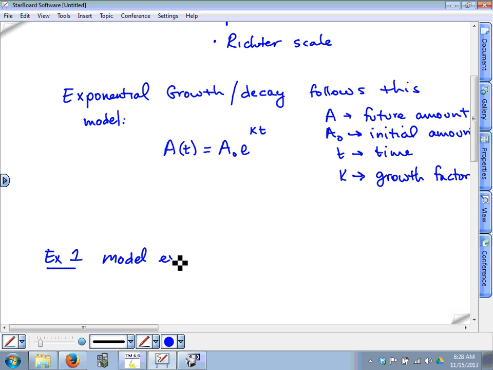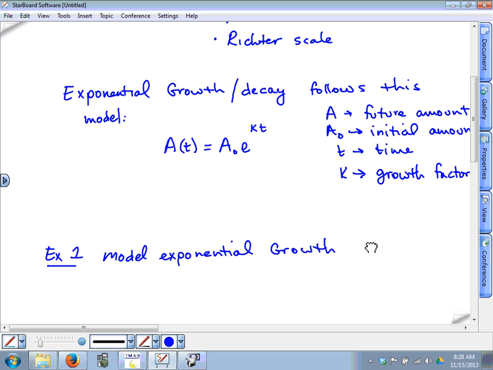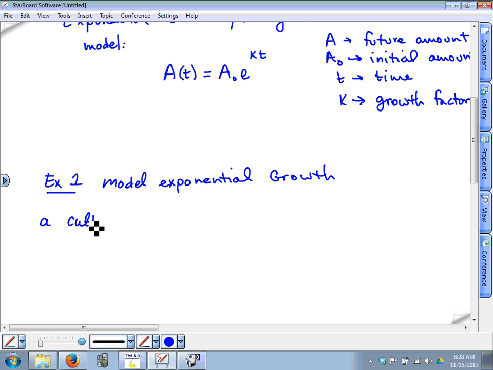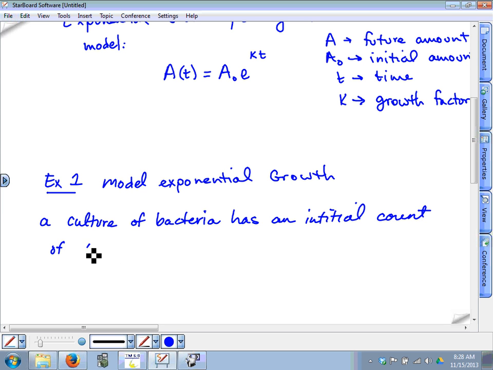Example 1. Model exponential growth. A culture of bacteria has an initial count of 500 and doubles every 45 minutes.